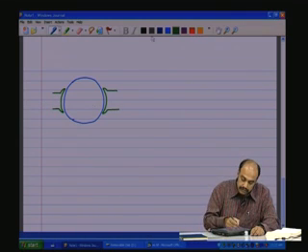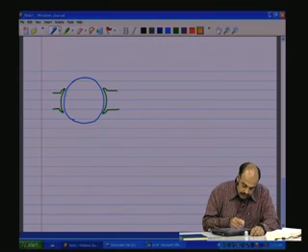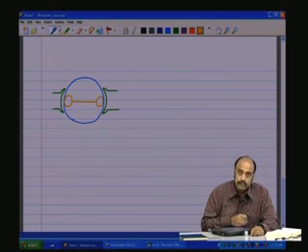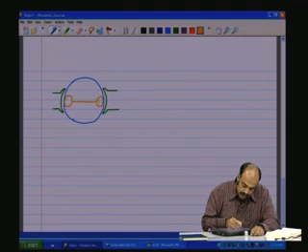Now imagine that inside in the rotor, imagine there is an imaginary dumbbell. Okay. So one is the north pole and then the other is the south pole.